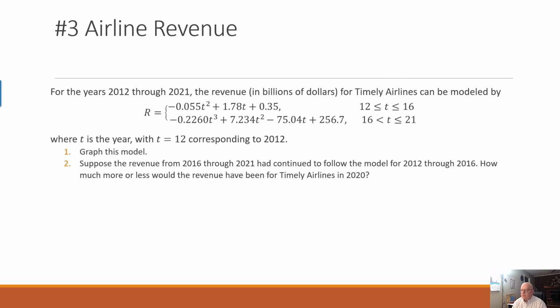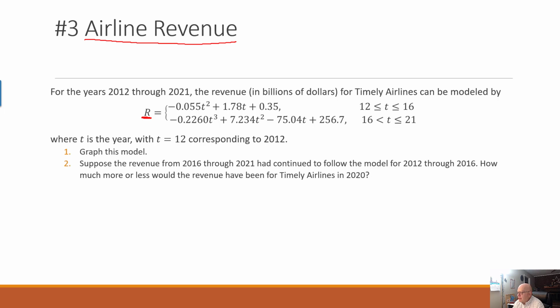All right. Now we'll get a little bit more interesting. So we're talking about airline revenue on this one. You're familiar with the revenue by this time. You've got the straight revenue function. You don't have to create it from the price or demand function.